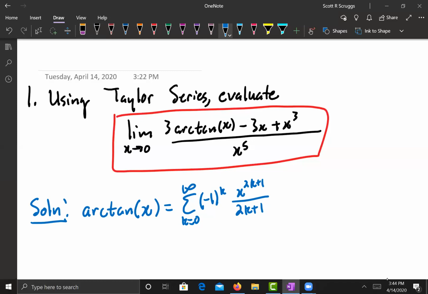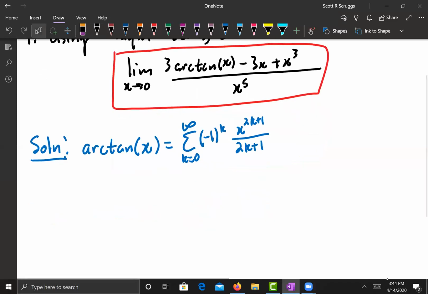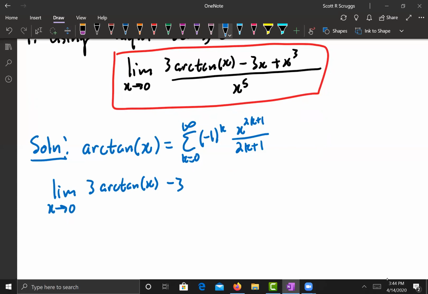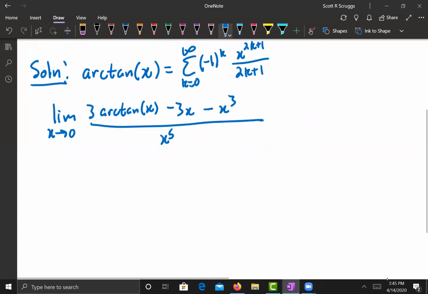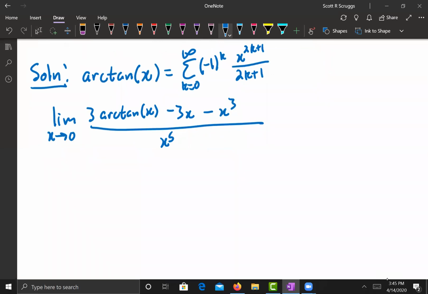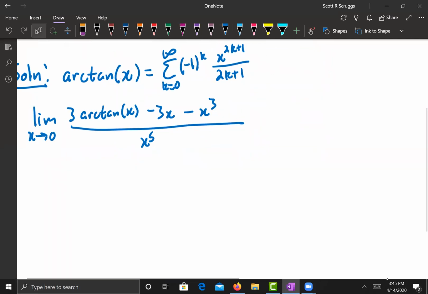All right, so let's tackle this bad guy and see what's happening. Limit as x goes to 0 of 3 times arctan of x minus 3x minus x cubed over x to the 5th. Well, now that I have the Maclaurin series for arctan, I'm going to substitute that in.